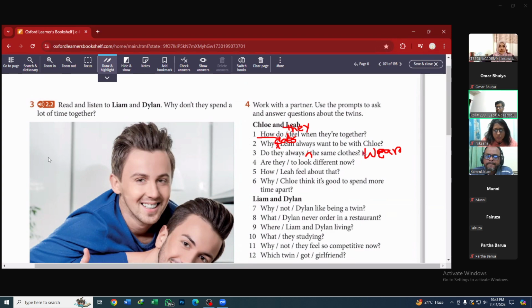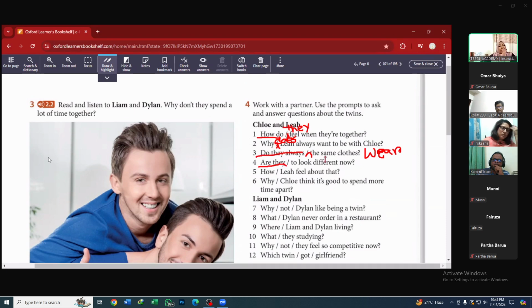Is it right? No, so listen, we will not mess around with the first part of the question. I'll explain again, Mr. Farooq. This is an appropriate question, but not for this activity, because the first part of the question has been given as the first prompt. So the first part of the question in number three is do they always? That will not change.